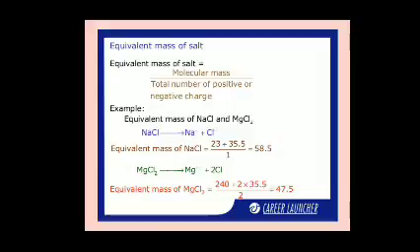So 58.5 by 1 is equal to 58.5. Magnesium chloride gives Mg2+ and 2Cl-, charge is 2. Magnesium atomic weight 24 plus 2 into 35.5, that is 95. 95 by 2 is equal to 47.5.